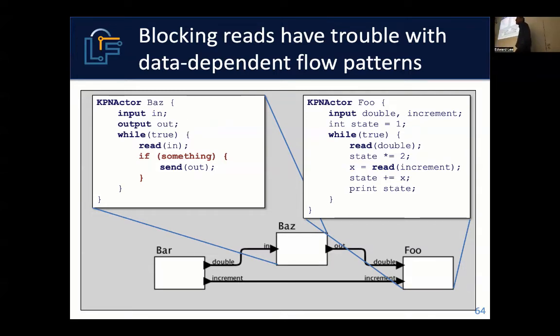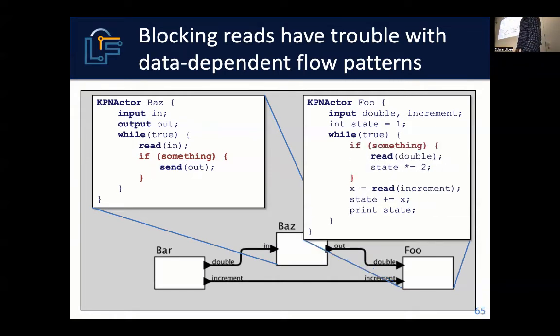So the essential problem with Kahn process networks when you try to use them for software is that you have to replicate your decision logic throughout your system and avoid doing the blocking read if that condition is not satisfied. And it better be the same condition. That's analogous to this data flow situation where you had to use the same Boolean variable to represent the number of tokens produced and consumed here.